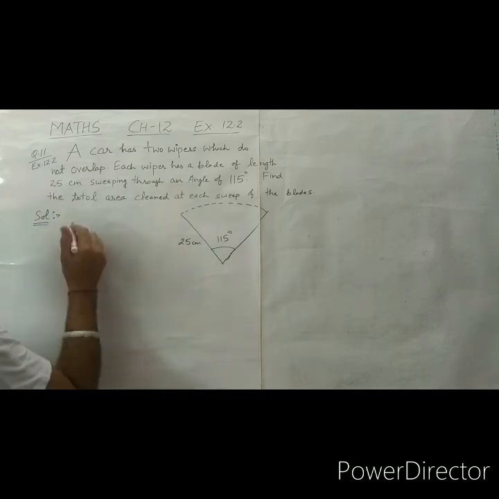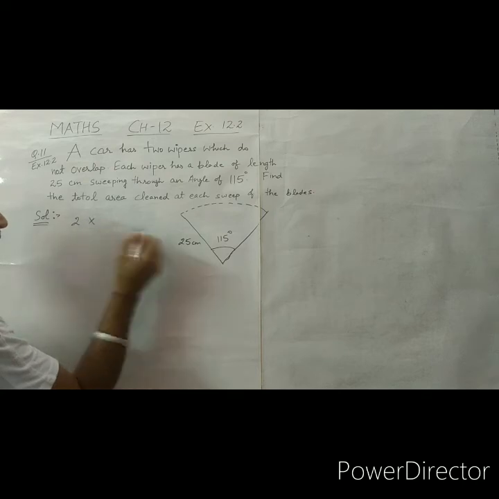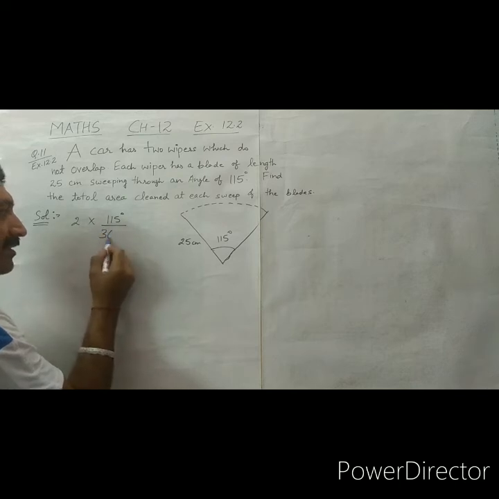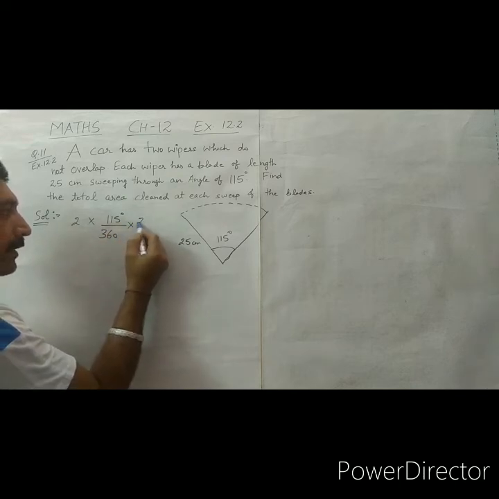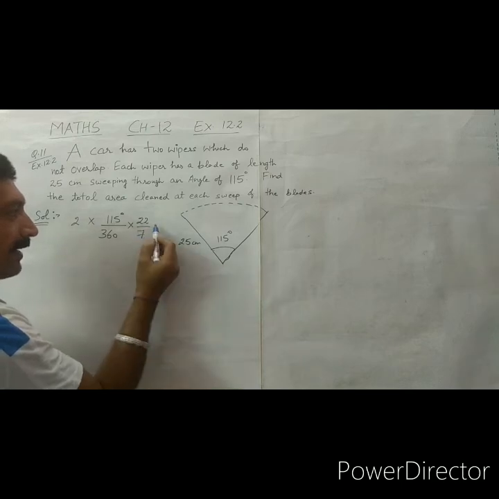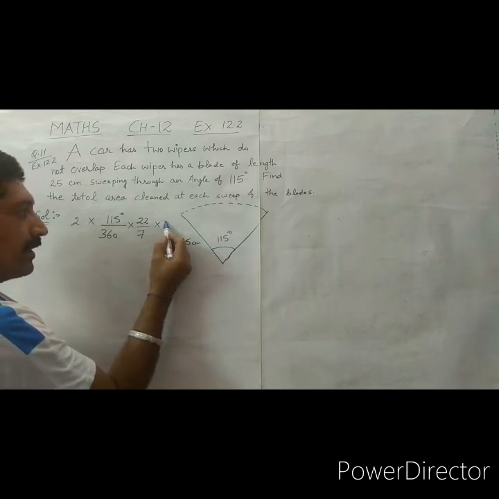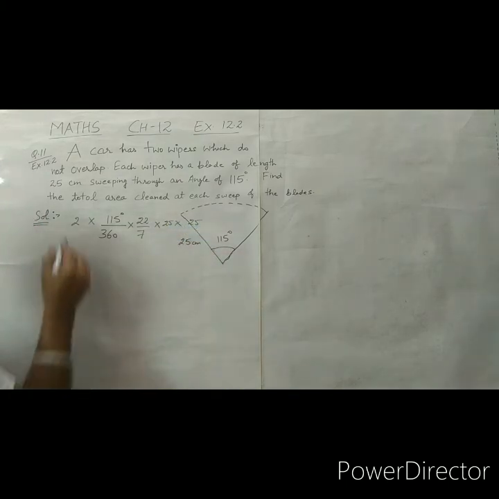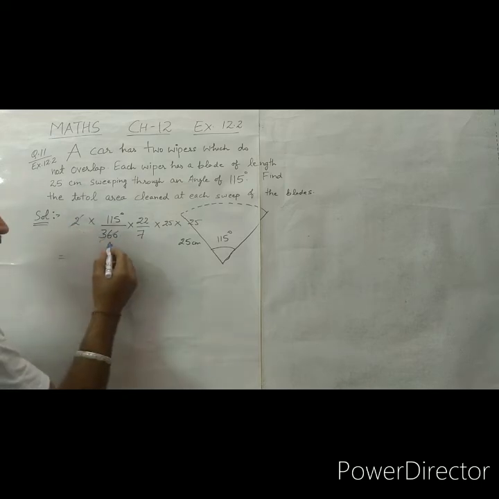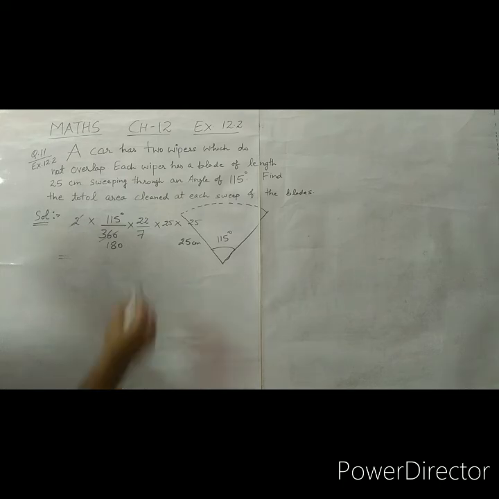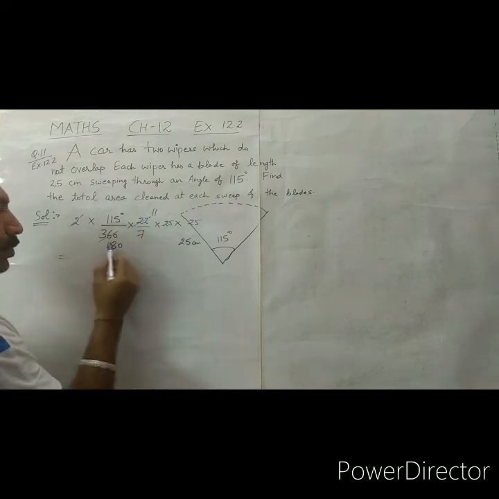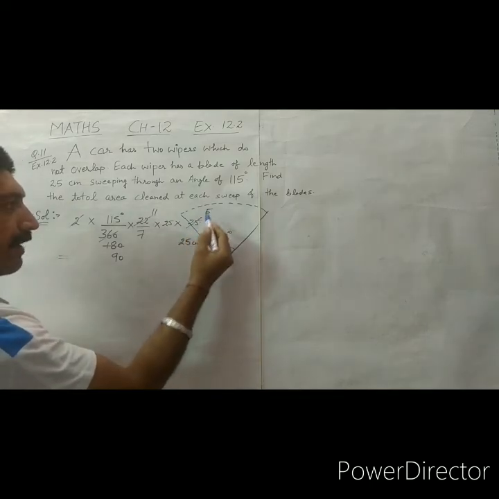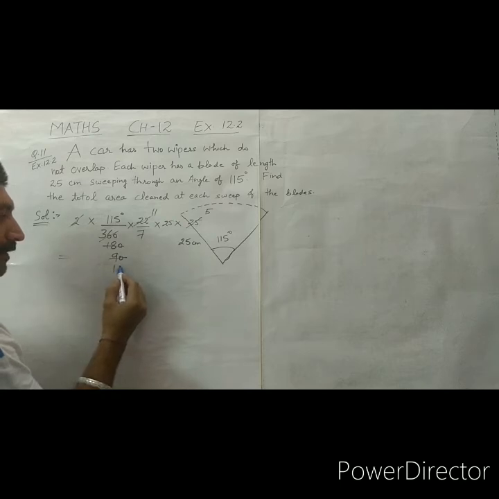We have two blades. Angle is 115 upon 360, pi is 22 upon 7, and r square is 25 into 25. So here we start to get it cancelled with 180, again 5 5s are 25.